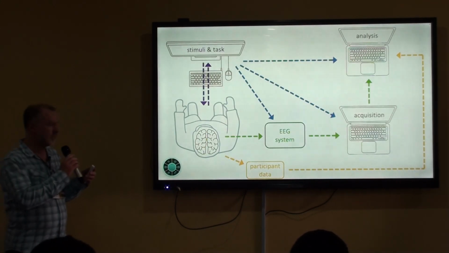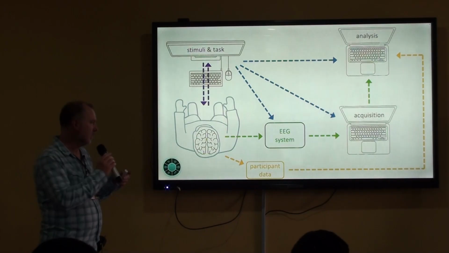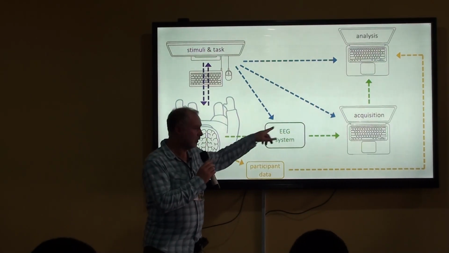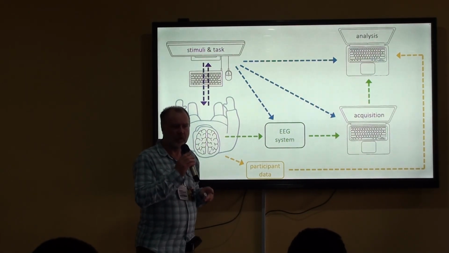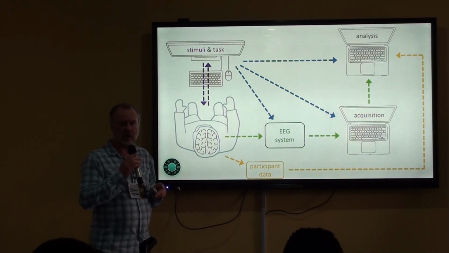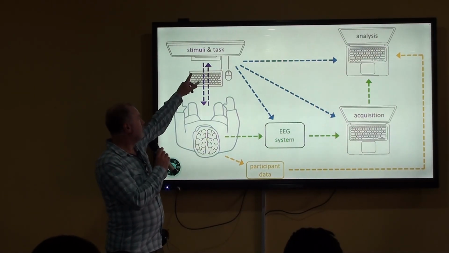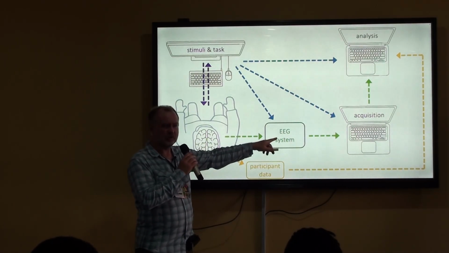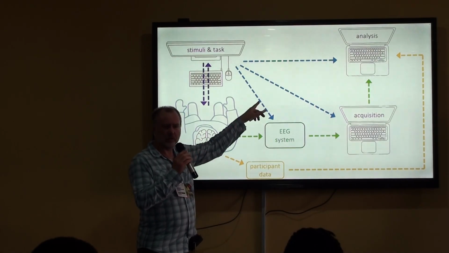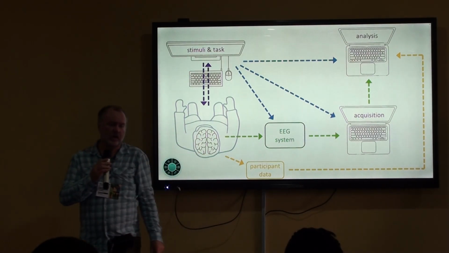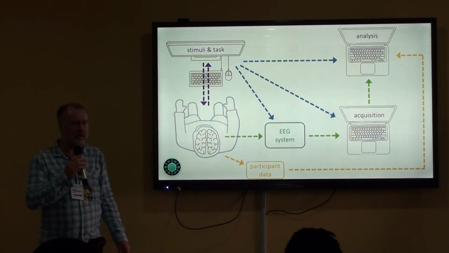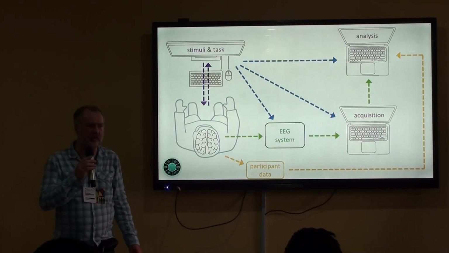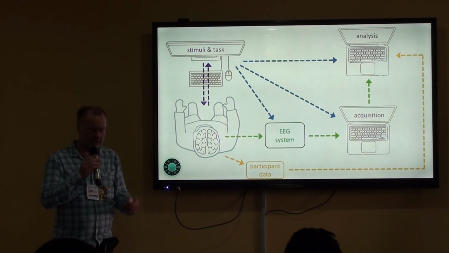So the focus of the lecture this morning is going to be on this device, but I'll also tell a little bit about how the interaction of the stimulus presentation computer with this device works. So I'm also going to talk a little bit about this arrow, because that's what we need this afternoon in order to synchronize the experimental task with the recording of the EEG.